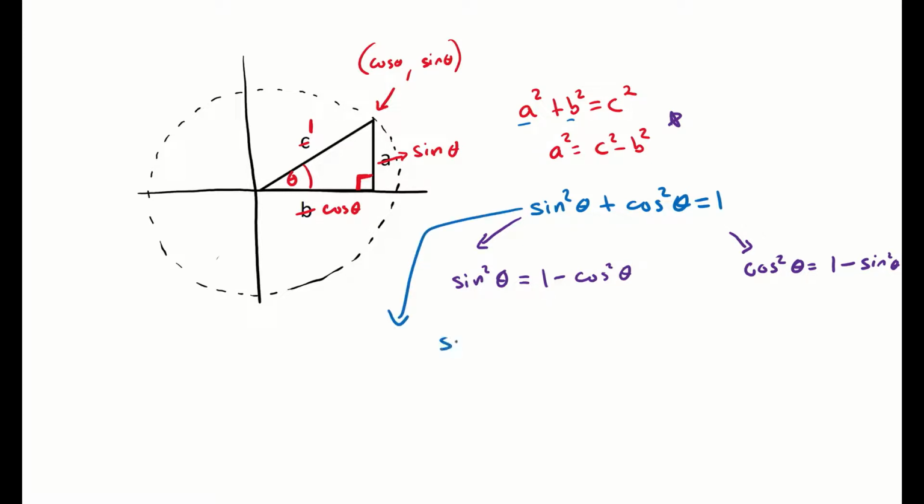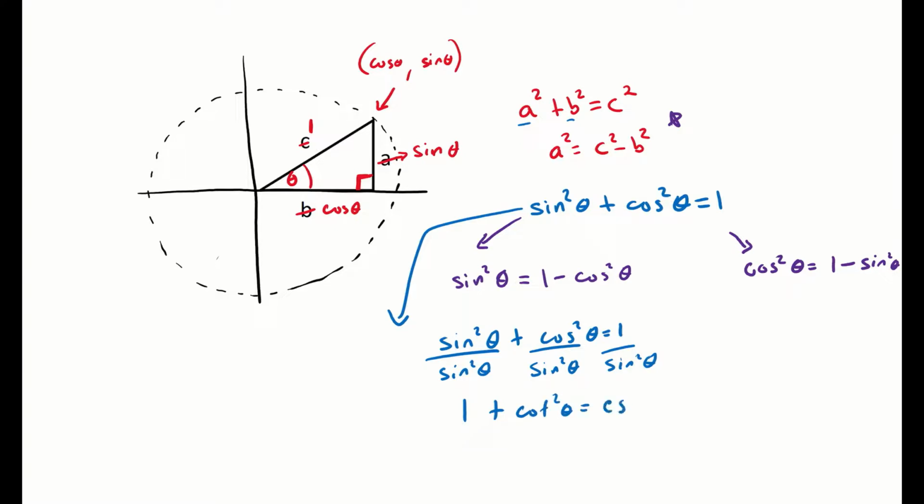So if we start off with sine squared theta plus cosine squared theta, and instead of subtracting, we divide everything by sine squared theta, and then we simplify, we get another trig identity, 1 plus cotangent squared theta equals cosecant squared theta.